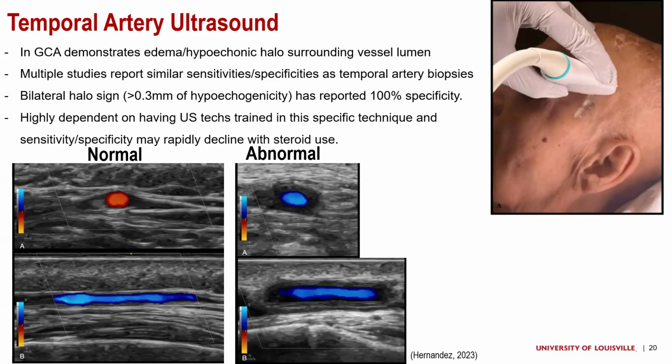Talking with many people who have worked with those involved in the study, or who have tried to implement this, the study had a very specific protocol. They had very well-trained ultrasound techs. And because of that, people have had a hard time reproducing this in clinics. I personally reached out to some of the ultrasound techs here, and they had a lot of concern about trying to do this, understandably so.